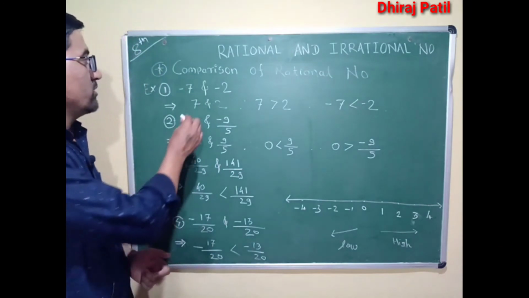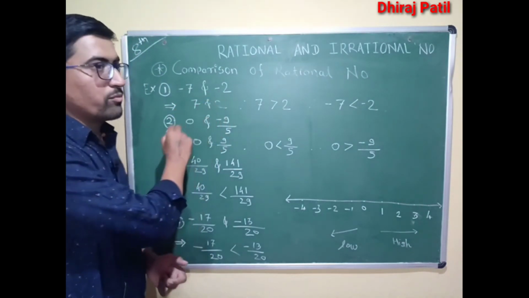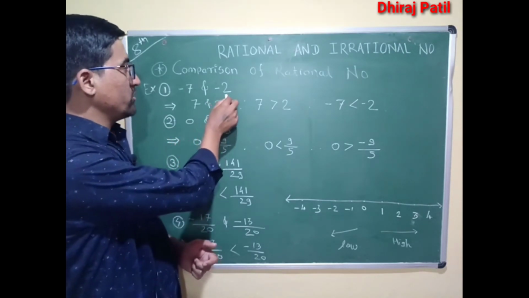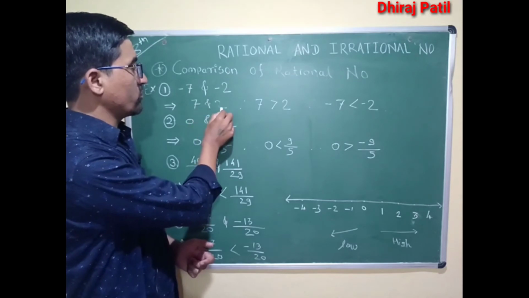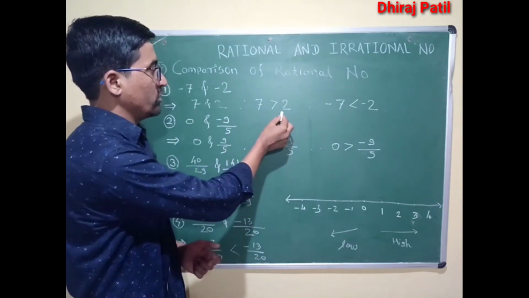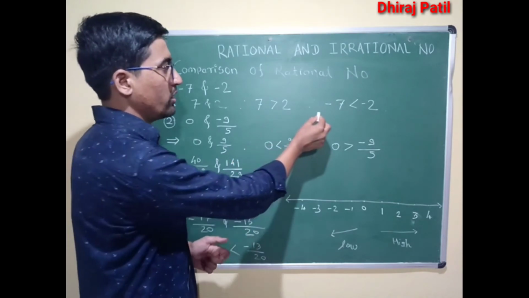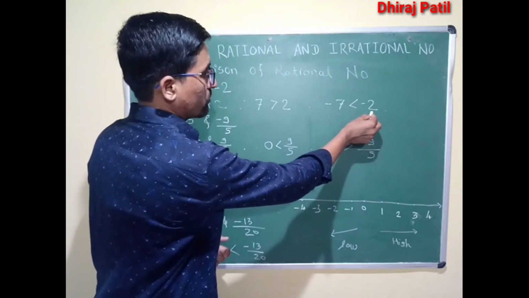First example is minus 7 and minus 2. Before we compare, these are our minus numbers, so we convert them into positive, 7 and 2. So 7 is always greater than 2. Then by using our rule 3, minus 7 is less than minus 2.